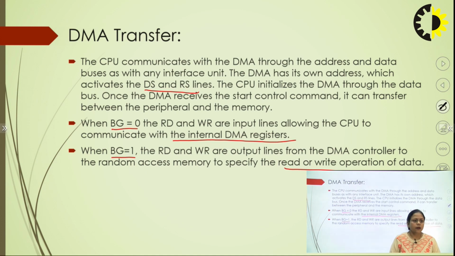It means when the value of BG is equal to 0, the CPU can send the data by the help of buses to the DMA registers. But when the value of bus grant is equal to 1, then the CPU cannot send the data, because now the control of the bus is transferred to the DMA controller. So, when the value of BG is equal to 0, only then will the CPU initialize the DMA.